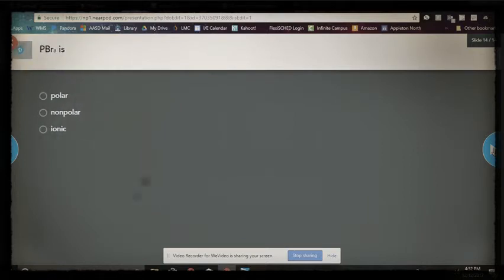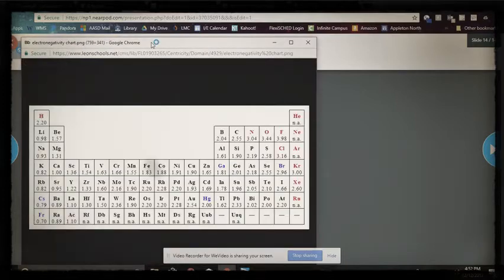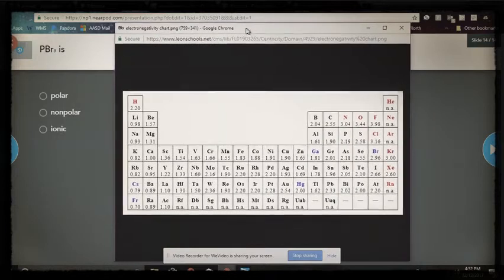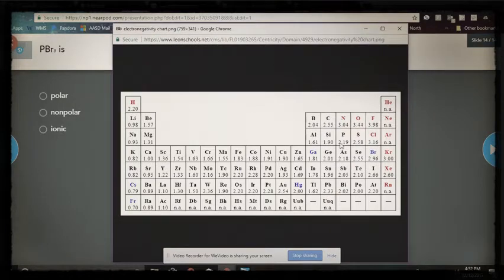Then we have PBr3. So we want to know, is this polar, nonpolar, or ionic? So we're going to bring up our electronegativity chart. And we look at phosphorus, which is 2.19. Now your chart might be slightly different, which is fine. We're still looking at the differences here. So 2.19, and bromine is 2.96. So either way, the difference between them is greater than 0.4.